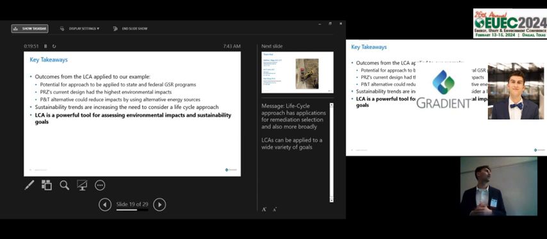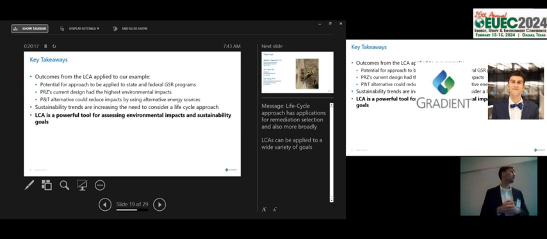In addition, we know that sustainability trends are increasing, and remedial designs that are inclusive of considerations of not just performance, but also environmental effects, health effects, and risk effects will only increase over time.